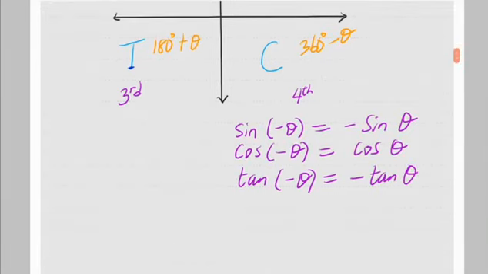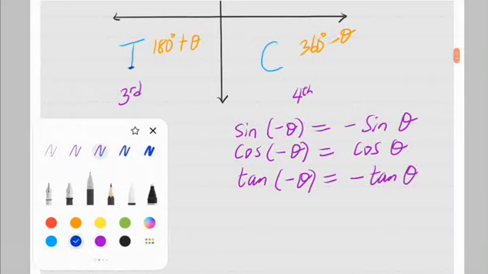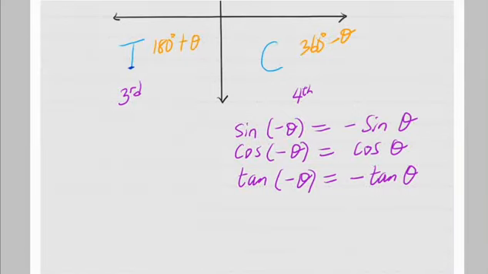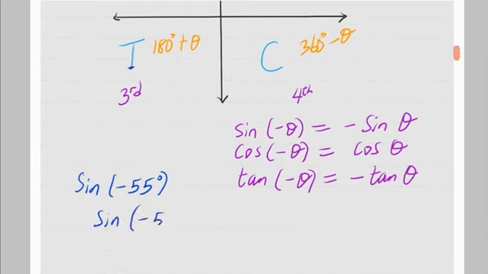So assuming you are asked in an assessment or an examination to find sine of minus 55 degrees, what you simply do is you write sine minus 55 degrees to be equal to minus sine 55 degrees.